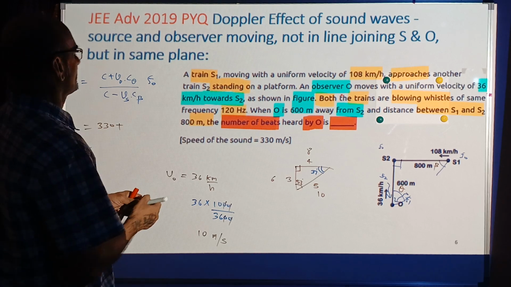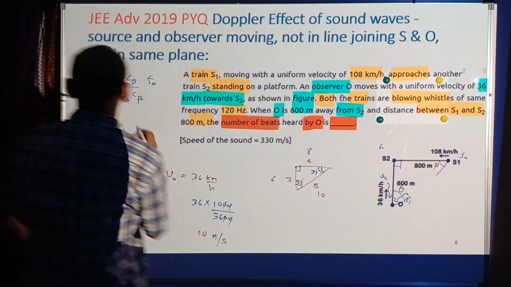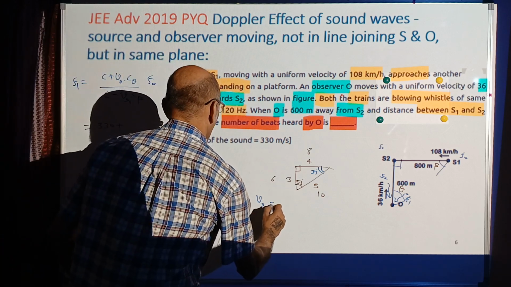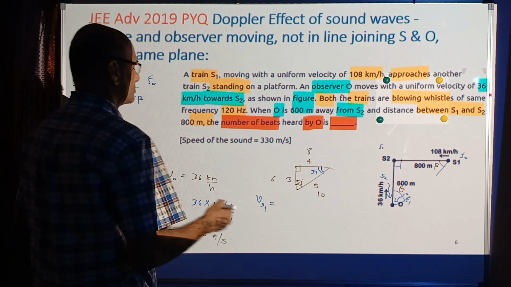And velocity of the train, that is Vs1, that is the first train. It's 108 kilometers per hour.